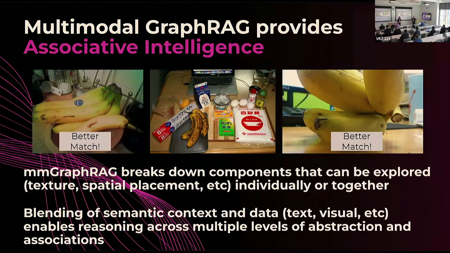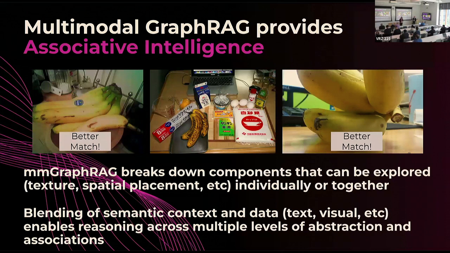Why? What's different about it? Well, in the middle image, we have bananas as part of a larger recipe, or it looks like they're going to cook something, eggs, interesting, and bananas, but you're making something else. And so it's not as good an image match as the two on the end, but I can't really tell you why with just a regular search.